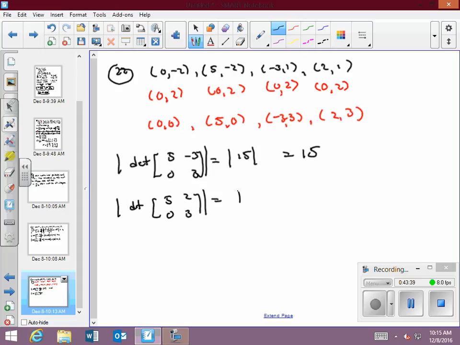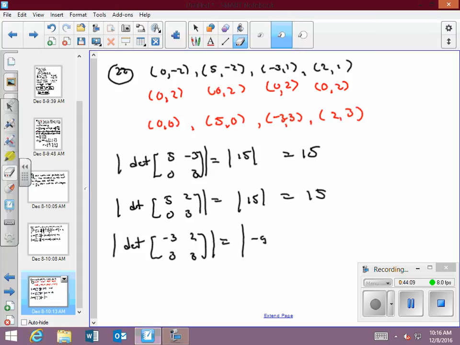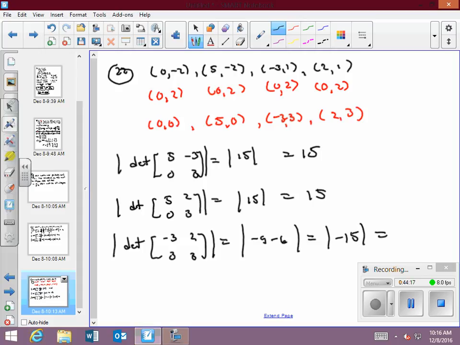We get absolute value 15, which is 15, or we take the determinant of minus 3, 3, and 2, 3. The value of minus 9 plus, no, minus 6. Which is the absolute value of minus 15, which is 15.